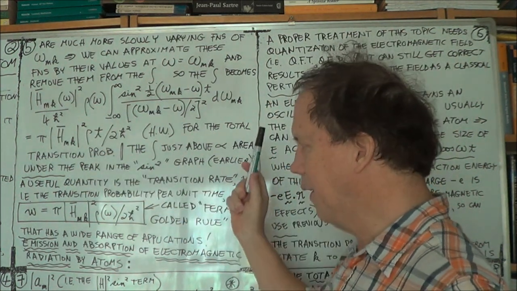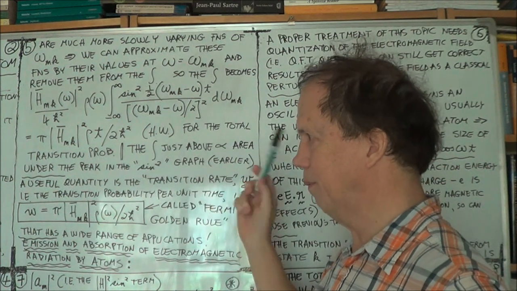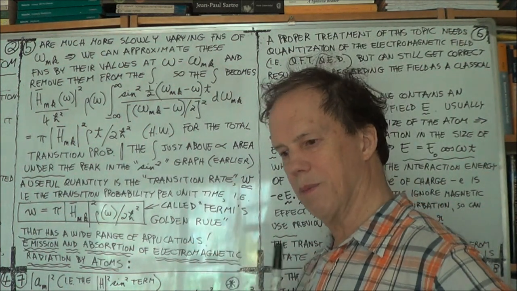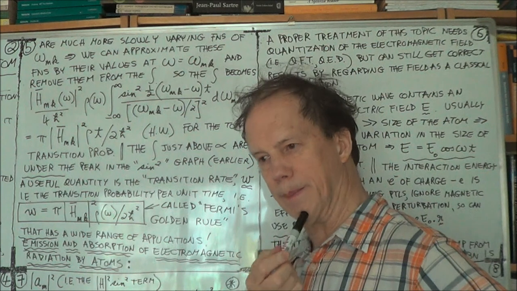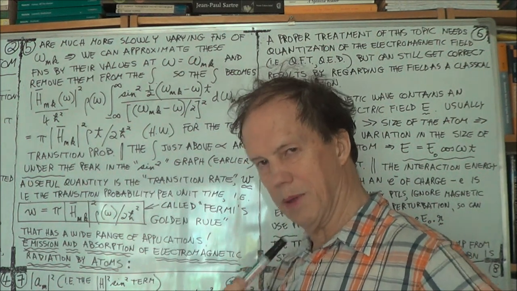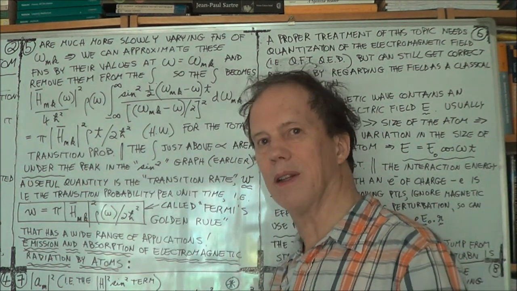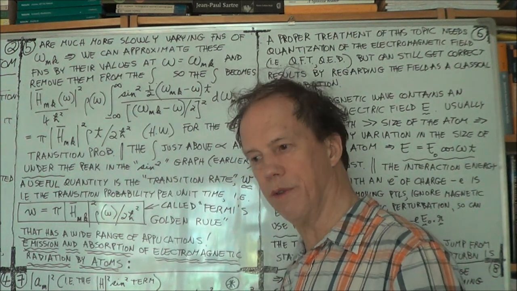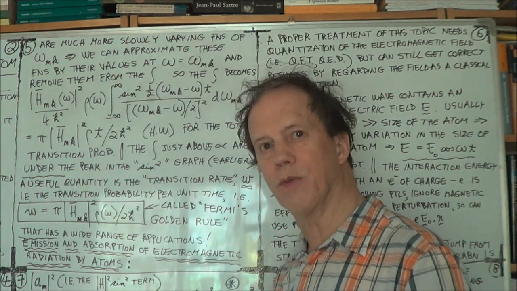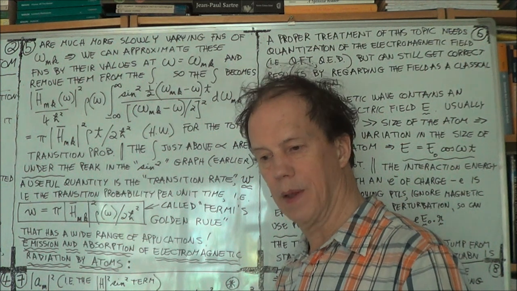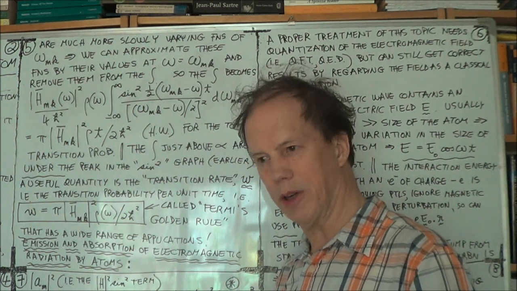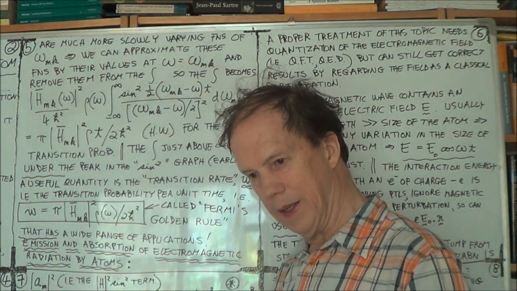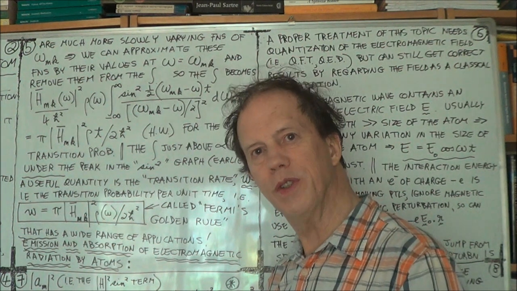Now, a couple of sessions back, we had a heading, the energy-time uncertainty principle, and two things. The second one was the so-called Fermi, Enrico Fermi, Italian-American nuclear physicist, Fermi's golden rule.